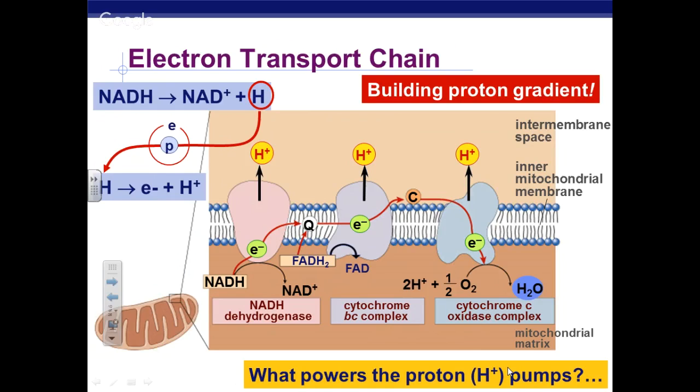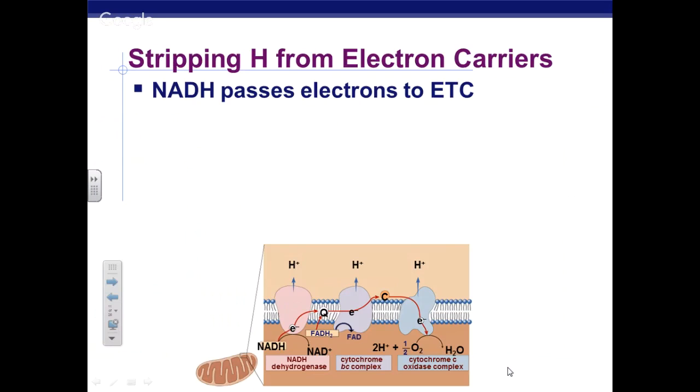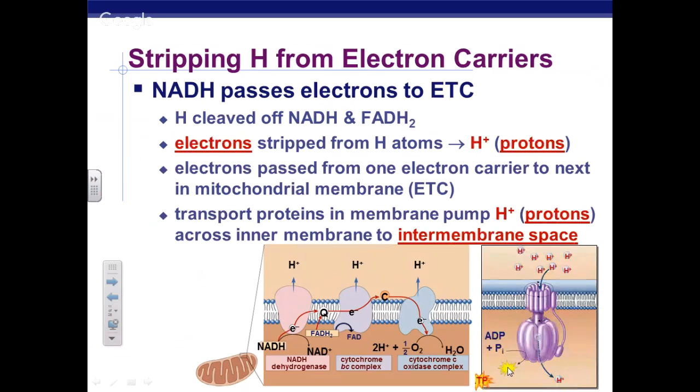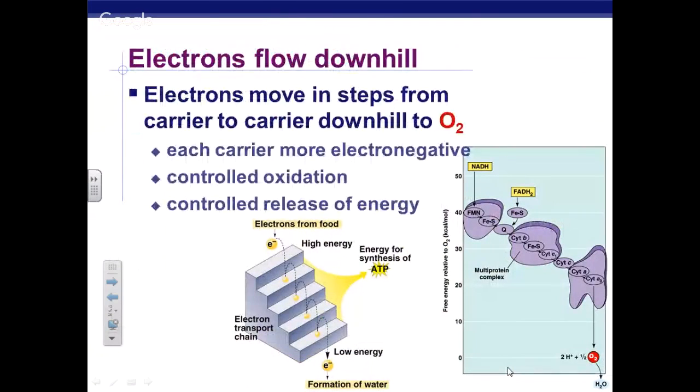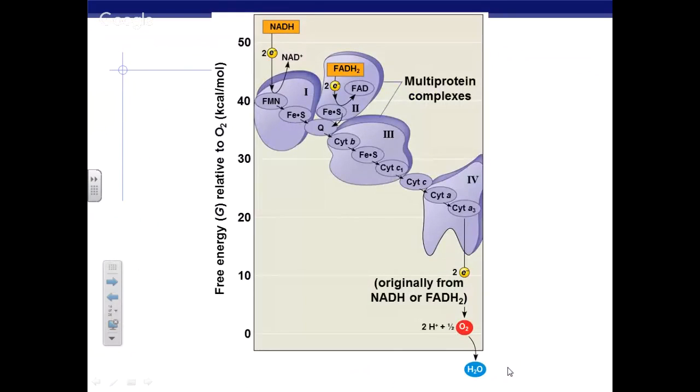How does the electron lose energy? Hold on. I said all this a little bit, so it's in there. Let me show you this picture. So remember how we talked about free energy? These are the different protein complexes, 1, 2, 3, and 4. If you look at their free energy, you start out really high and you go lower.